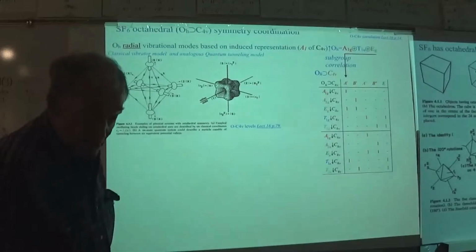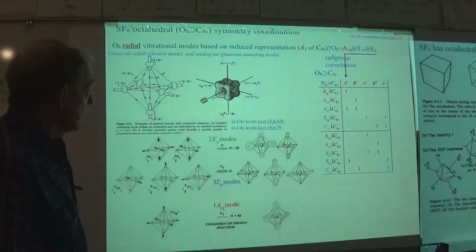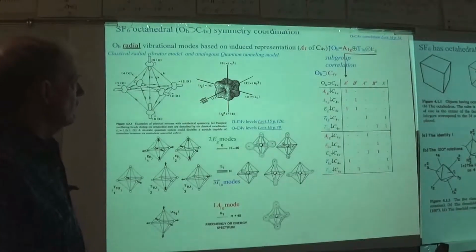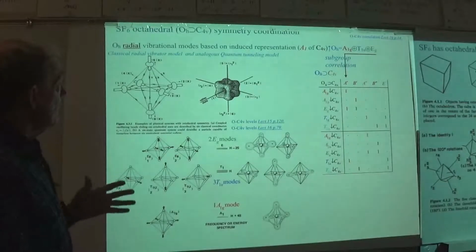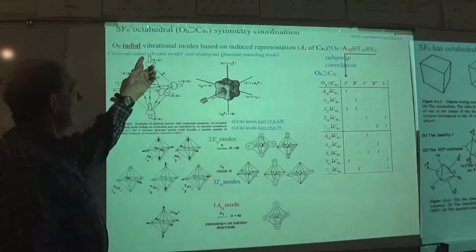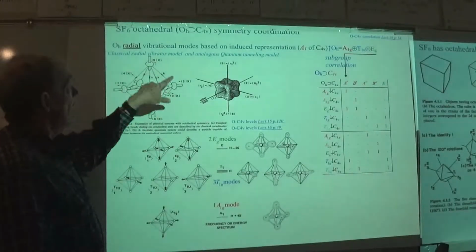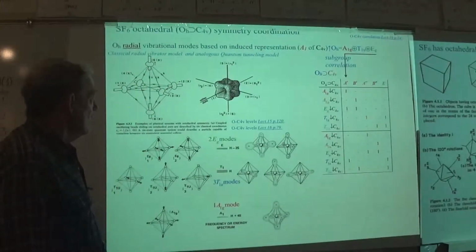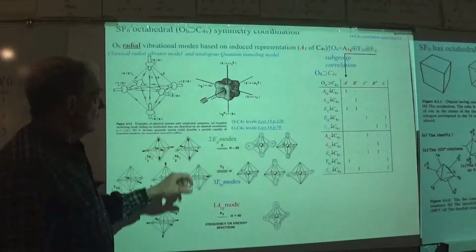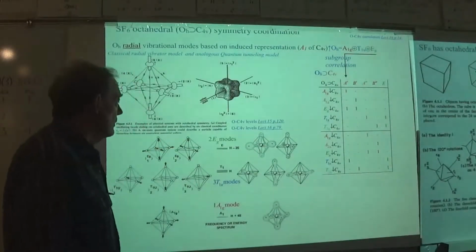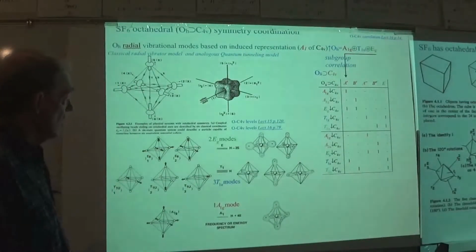That's an active link. I'll actually use one of those just to go back and look at it real quickly. But if you recall, we made a big fuss about the radial vibrator model. So here are the A part of the SF6, where only motion along the fourfold axis is allowed.